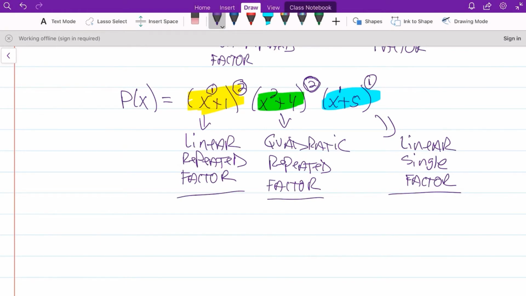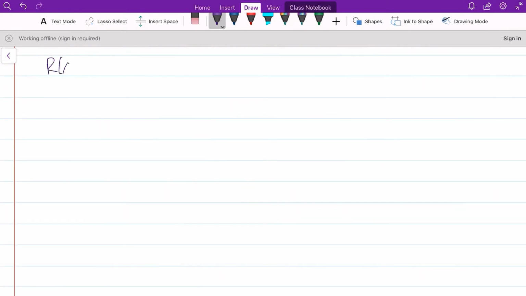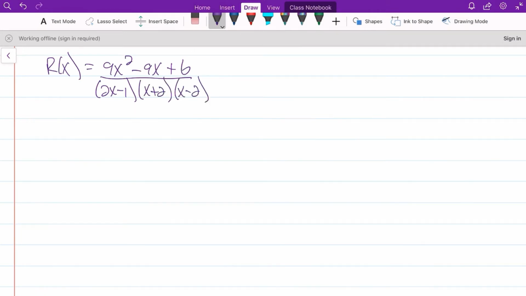Now let me show you how we create the fractions just very quickly, and then in the next video, like I said, we're going to take through all the steps. All right, so let's create a function here. Let's have r of x equals (9x squared minus 9x plus 6) over (2x minus 1) times (x plus 2) times (x minus 2).